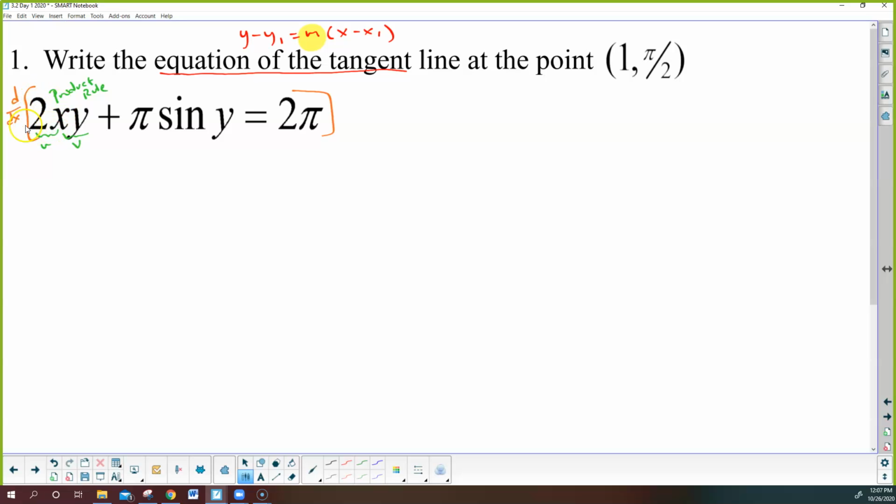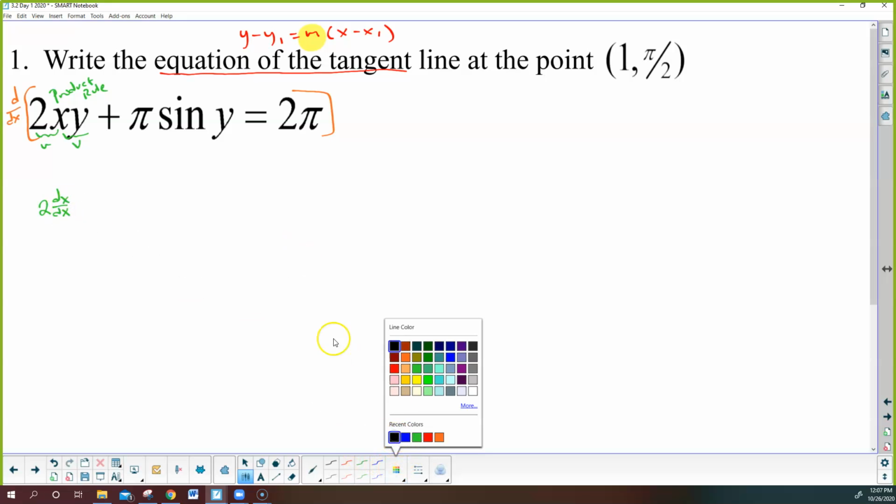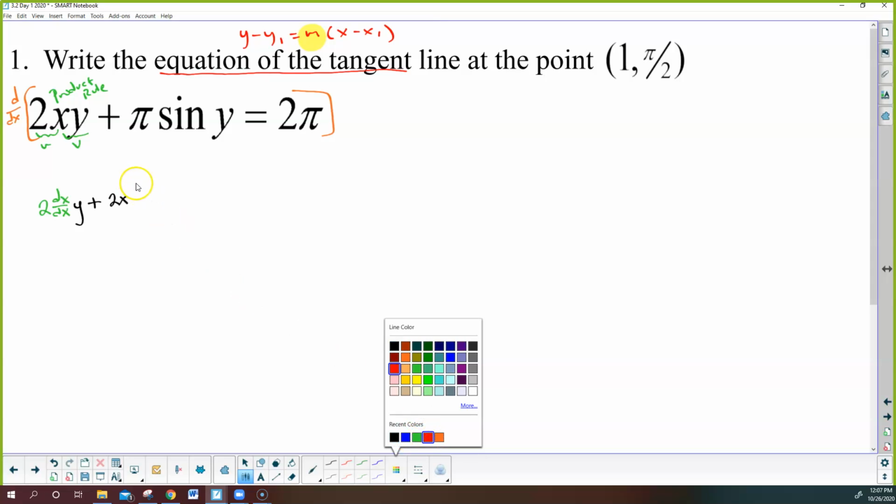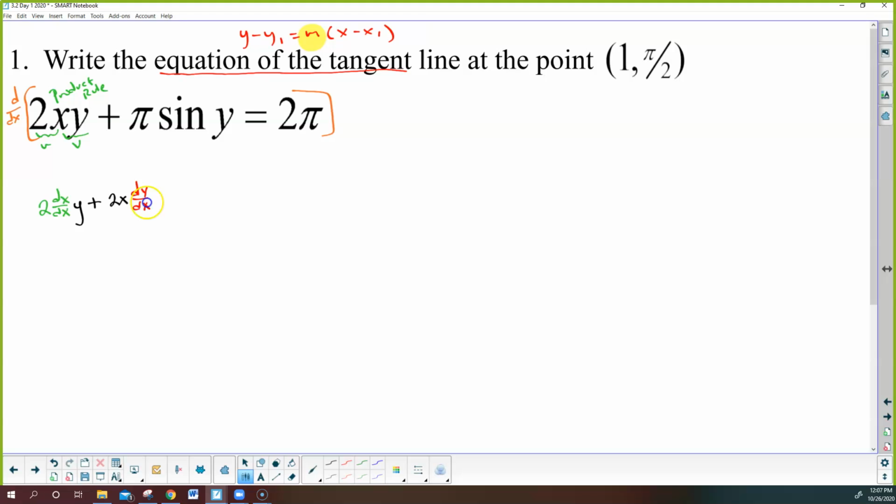The derivative of 2x is just 2 dx, times the original second, that's just y, plus the first function 2x times the derivative of y, which is just dy/dx. So this is the product rule that I just wrote down.